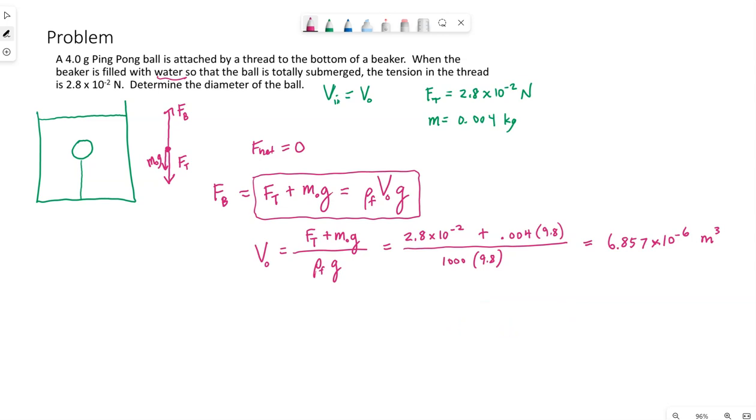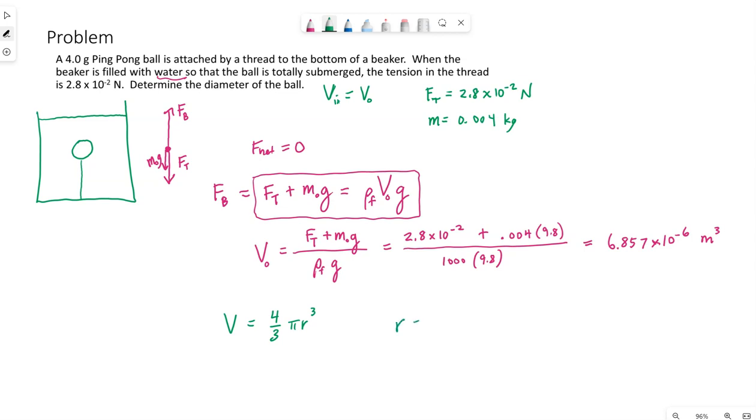Now, to finish this out, the problem is asking us to find the diameter of the ball. Well, it's a ball, it's a sphere. We know the volume of a sphere, or if we don't remember, it's actually on the back page of the test notes as well. So, looking at the back page of the test notes, the volume of a sphere is 4/3 pi r cubed, where r is the radius.